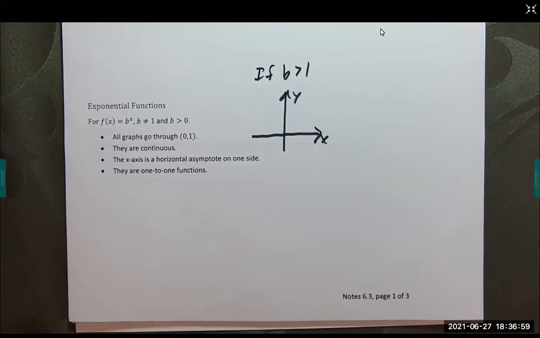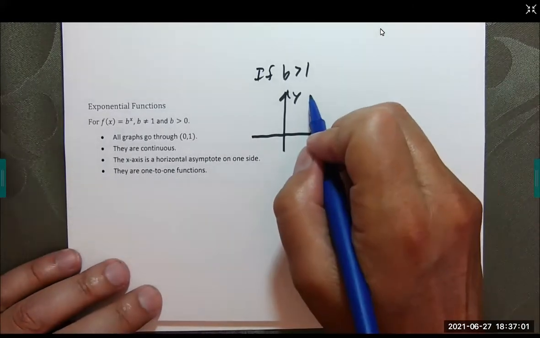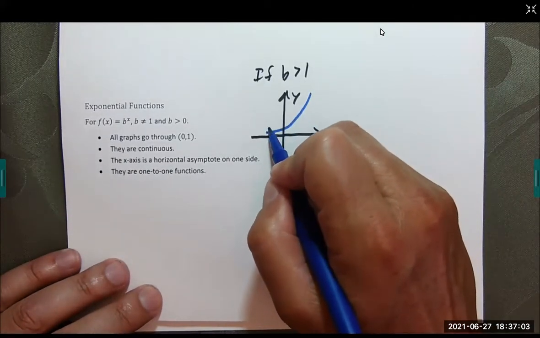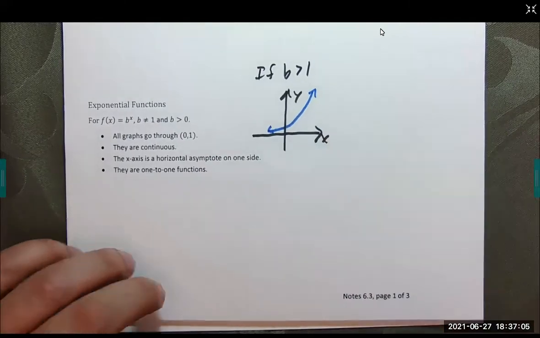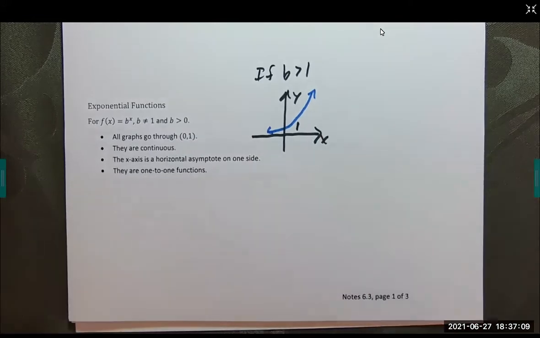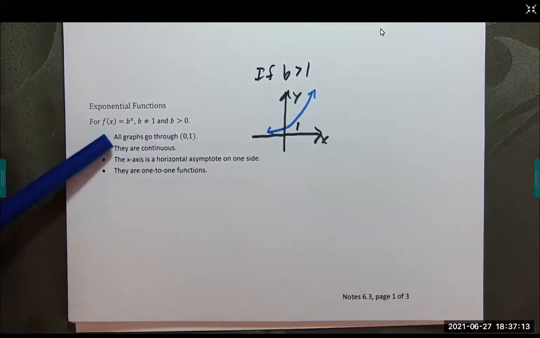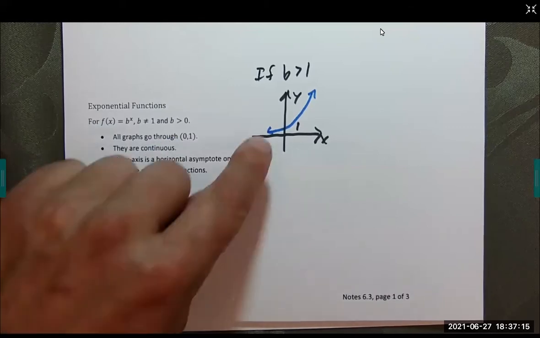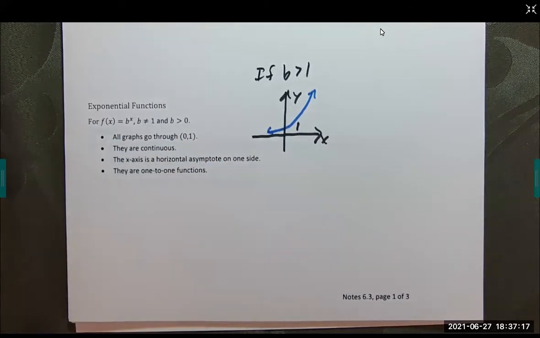And it's going to cross at 1. All of these cross at 1 unless they're shifted somehow. In fact, all graphs go through 0, 1. They're continuous. The x-axis is a horizontal asymptote on one side only, so it's only on this side.